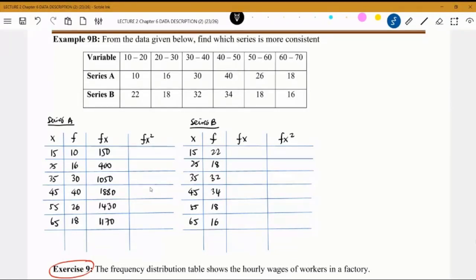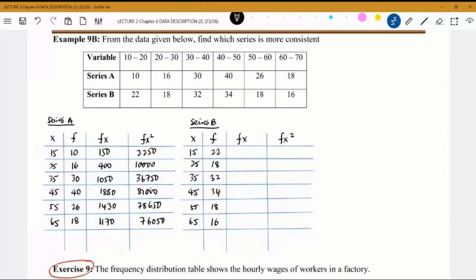Okay, I give the values, you calculate the total. Okay, so that one will be the first series.